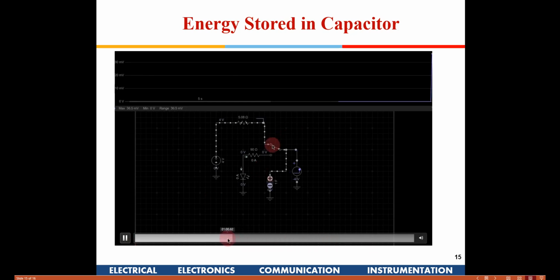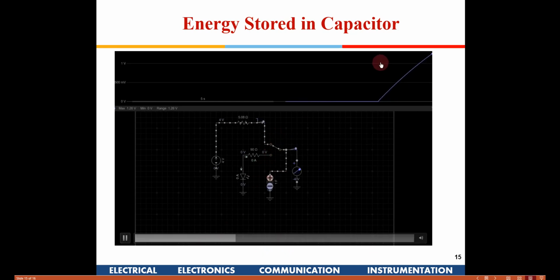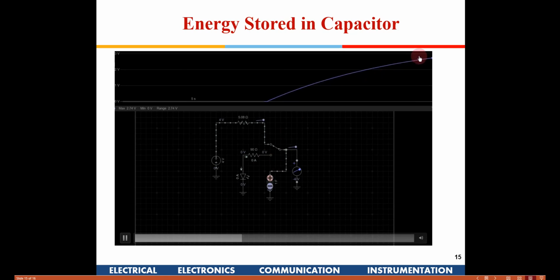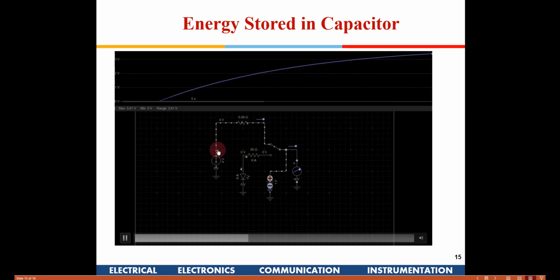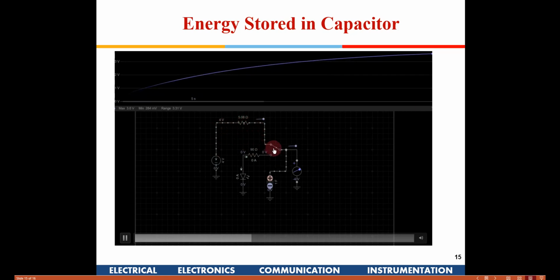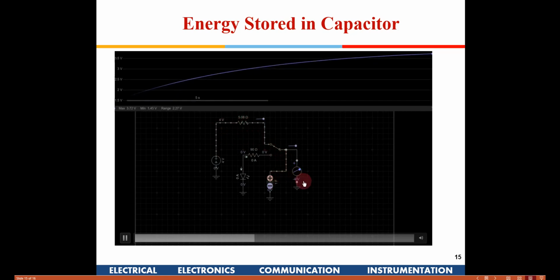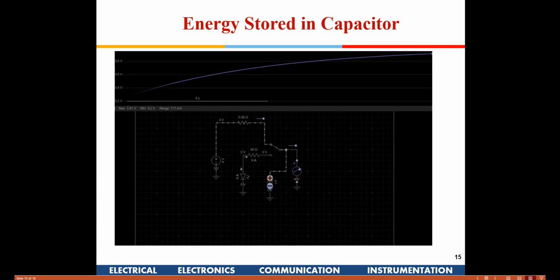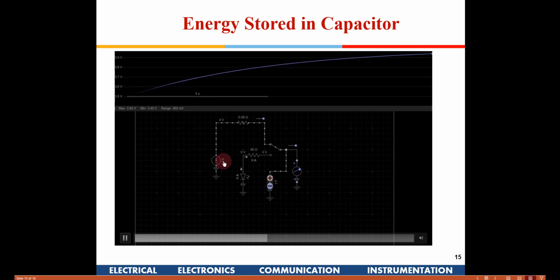Yeah, so I have switched it on. Now if you see, the voltage across the capacitor is slowly increasing out here. Okay, it will keep rising in an exponential manner, and now the current flows from here, and this capacitance voltage is also slowly increasing. Now it will increase, and this is the 4 volt which I have applied out here.